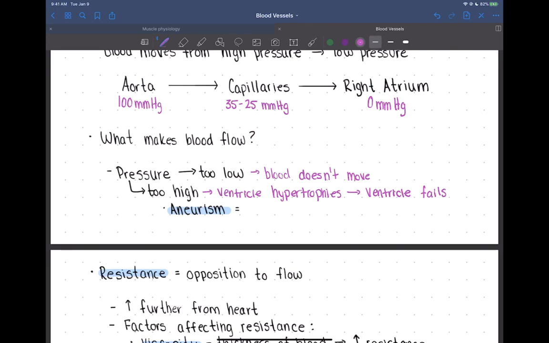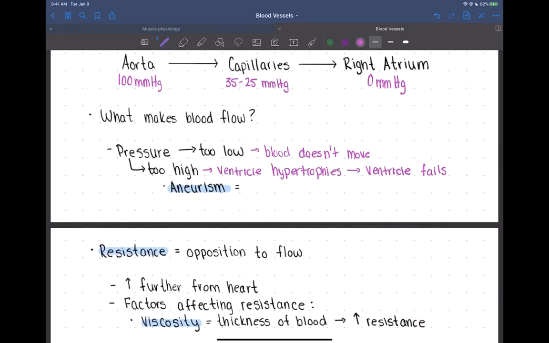And that's in the heart itself, but high pressure in the vessels can also cause major problems. In a vessel, high pressure over a long period of time could lead to a bulge in a blood vessel wall, and that's called an aneurysm.